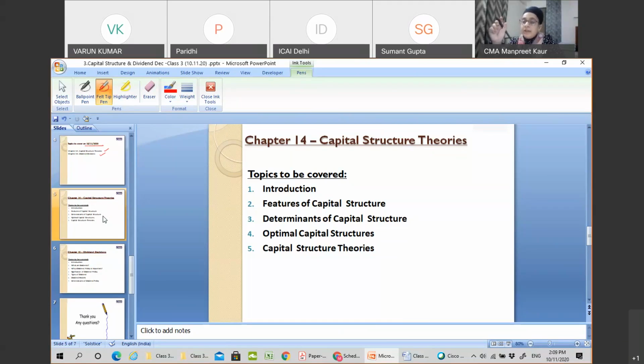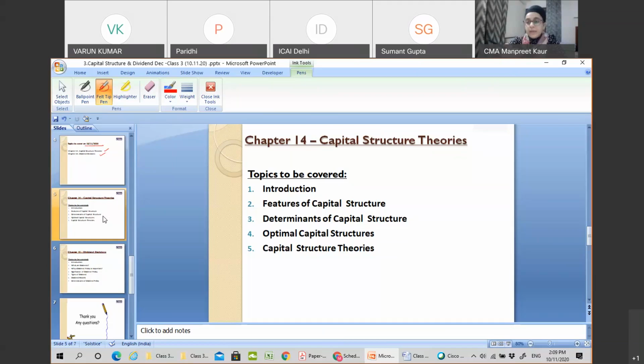Cost of capital is connected with source of finance. What is the cost of capital? It is the minimum rate of return that any owner expects from the business organization. It is a minimum rate of return. Therefore, we will discuss in today's class what exactly the capital structure means.